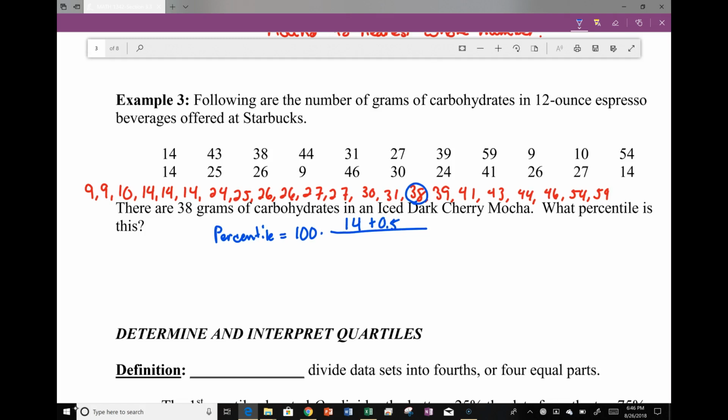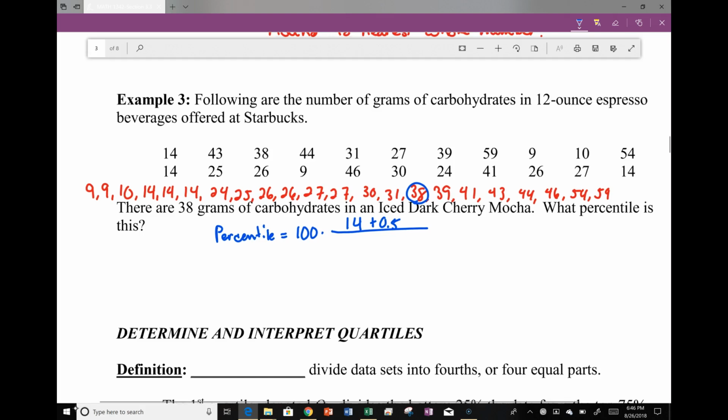Add in that buffer room, and then there are 22 total. Make sure that you do your multiplication and division in order. So I'm going to leave the 100 out here, times 14.5 divided by 22.